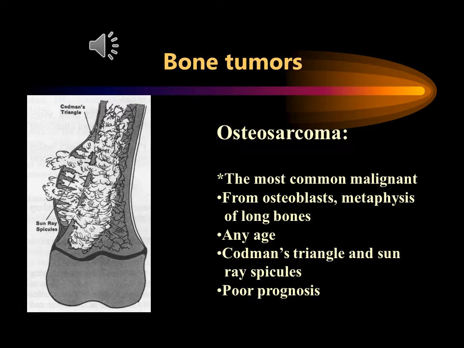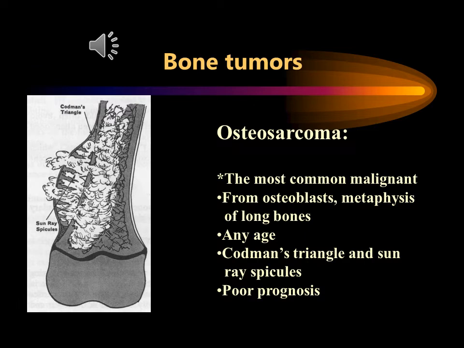It can occur at any age, and usually in the X-ray we find the so-called Codman's triangle and sun ray spicules. This is the typical sign of osteosarcoma.